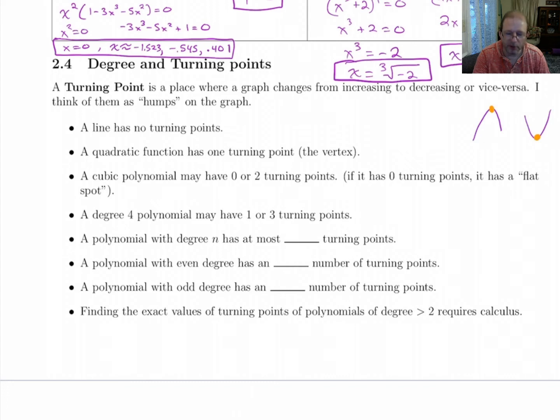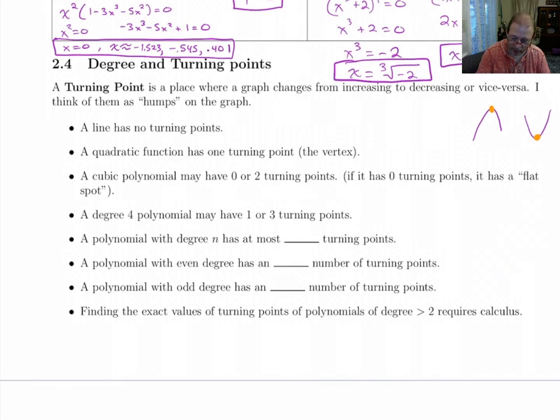Now, a cubic polynomial can have 0 or 2. And here's the thing to think about with a cubic polynomial. Cubic polynomials tend to look like this, or they might look like this. Let me draw that one in. If they rise on one side, then on the other side they drop.